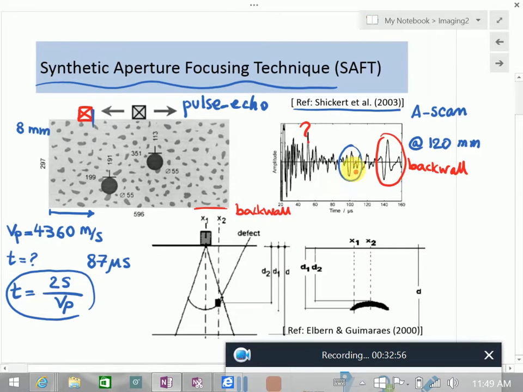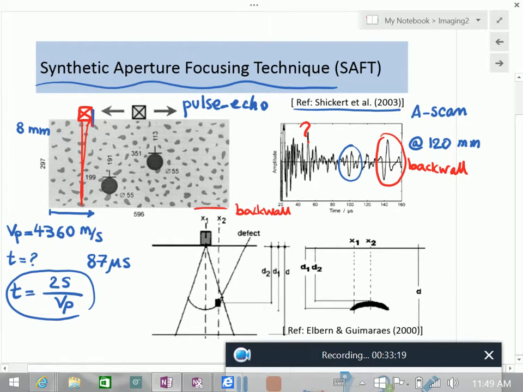We figured out, or you did it actually, that you expect to see a reflection from the hole between 80 and 100, somewhere like that. And then this large reflection that you can see is coming from the back wall. It is here, right?